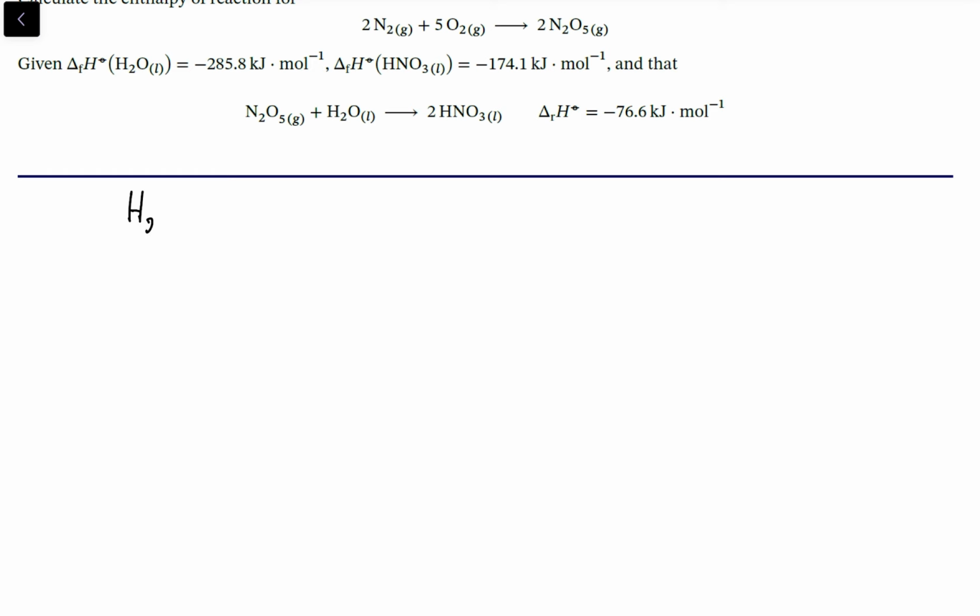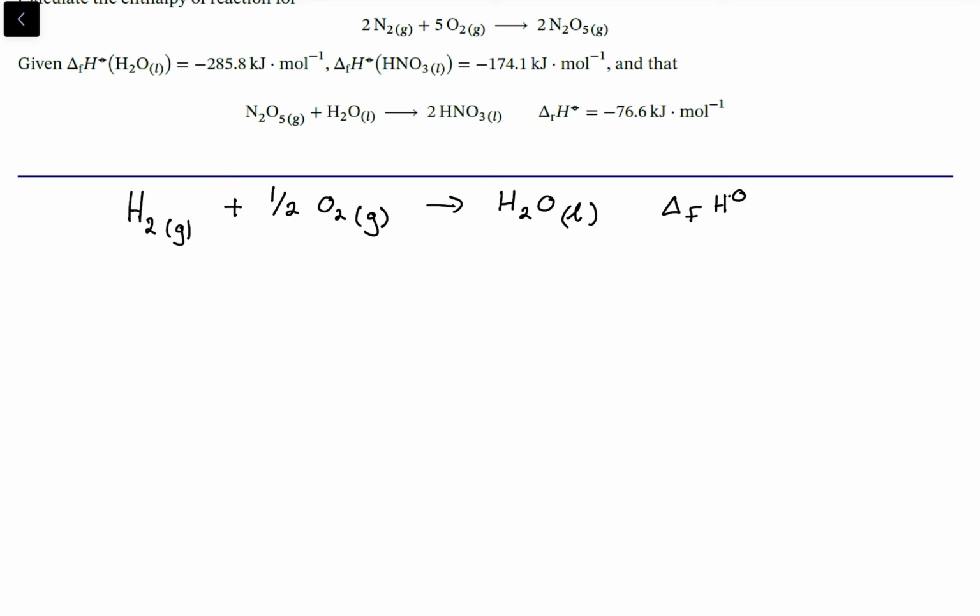So H2 gas, you can look them up in your textbook. It's not some otherworldly knowledge that I'm using here, but you can also kind of figure them out. So H2 gas plus O2 gas gives you H2O in the liquid state, and we're given that it's the formation enthalpy.